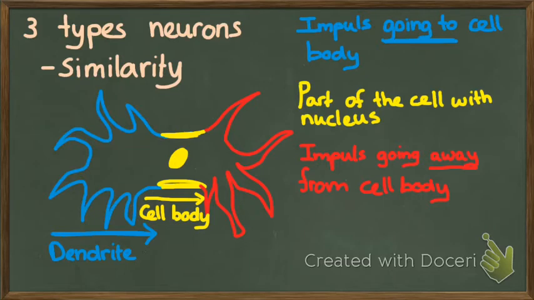And as it says, away and axon, A for away and A for axon, maybe you can remember it like that. So once again, we start at the dendrites, we go to the cell body, and then we follow the axon away. So we arrive in the neuron at the dendrites, over the cell body, and we go away from the neuron in the axon.